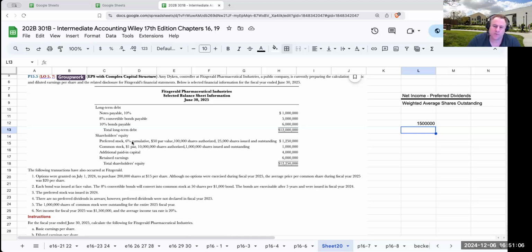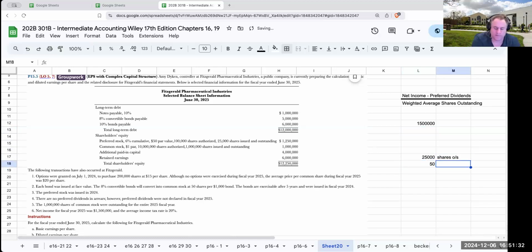However, since these are cumulative, and by the way, in real life, you're only going to see this stuff for privately held companies. You're not going to see it for publicly traded. So in terms of the preferred dividend, you've got 25,000 shares outstanding. It has a 6%.